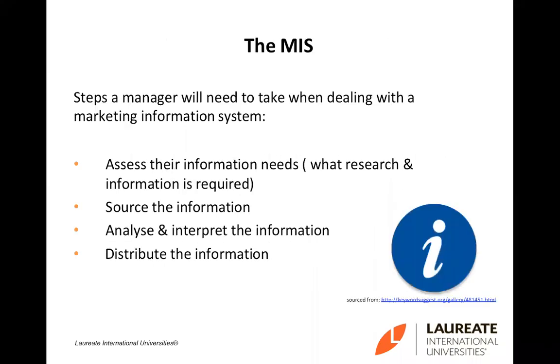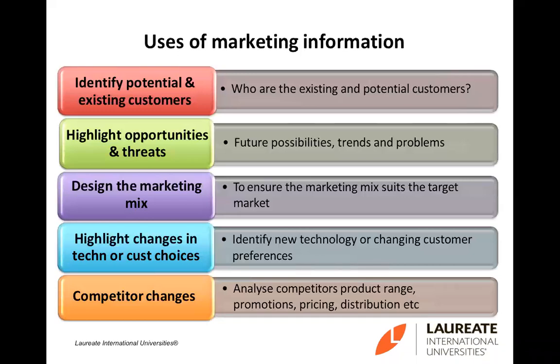So how do we use marketing information? We can use marketing information to identify potential and existing customers. That helps us reveal who our current or potential customers are. It also helps us highlight opportunities and threats.